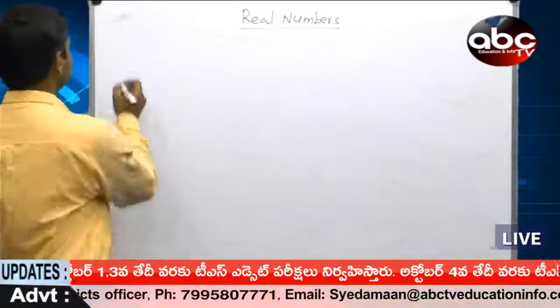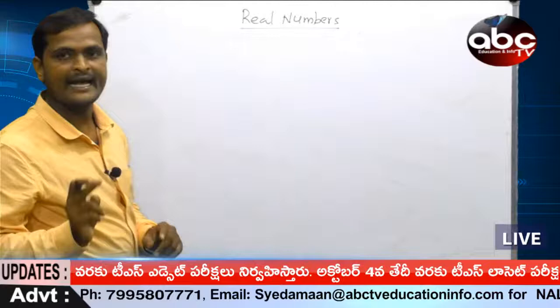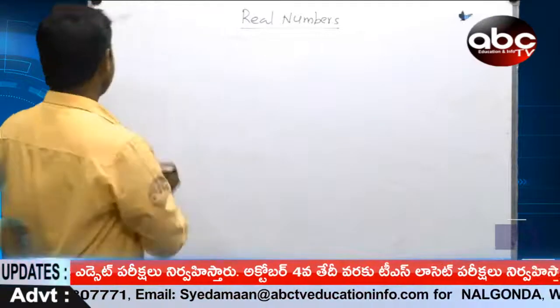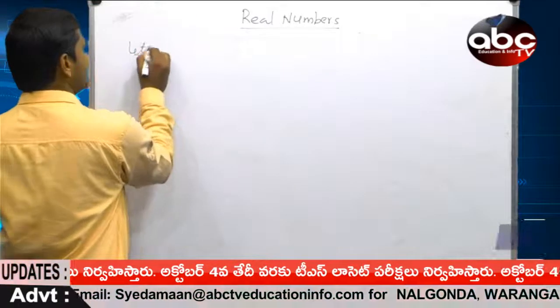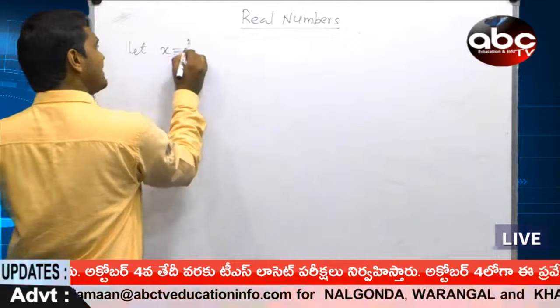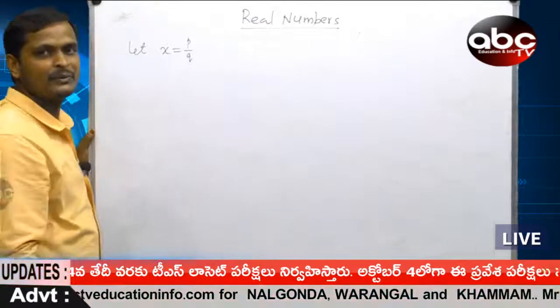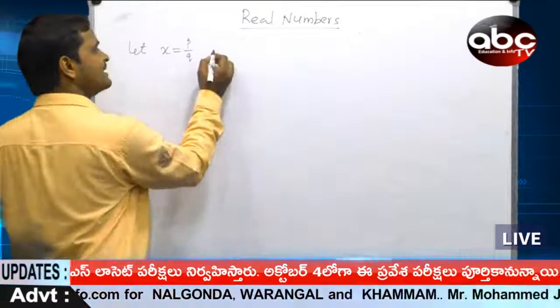Okay students, without doing actual division, see here, let x be a rational number, that is P by Q. Here Q indicates what?